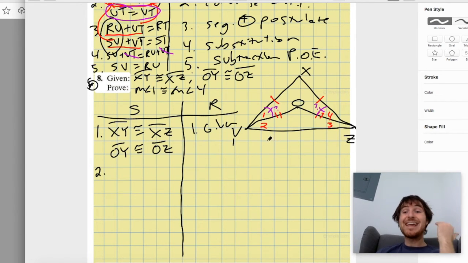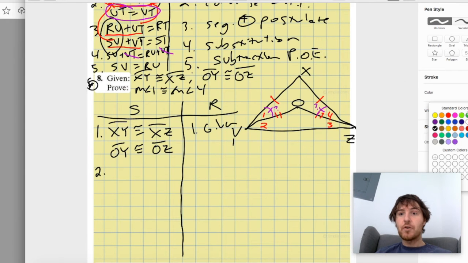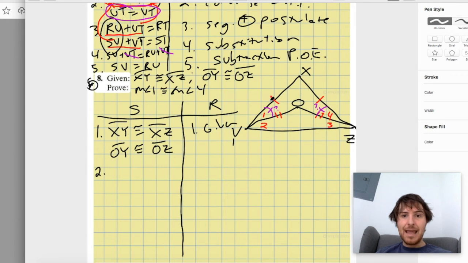I can say angles are congruent. So for instance, I can say that angle XYZ, this is the way the book expects you to prove this, is congruent to angle XZY. Okay, so these whole angles are congruent because XZ is congruent to XY, and the angles opposite are those large angles, right?